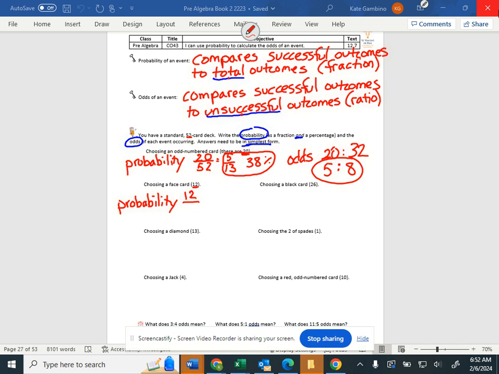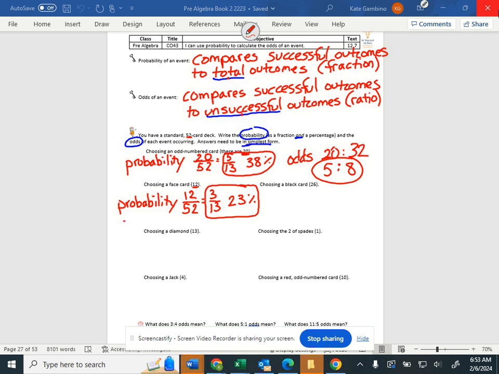If we are pulling those cards out of the deck, there are 12 chances that we can pull a face card, and we know our total amount is 52. I need to simplify that. I can divide that 4 out again. If I divide a 4 out, I get 3/13. 3 divided by 13 is 23%. So my probability is 3/13 or 23% that I'm going to pull a face card if I pick a random card out of the deck.